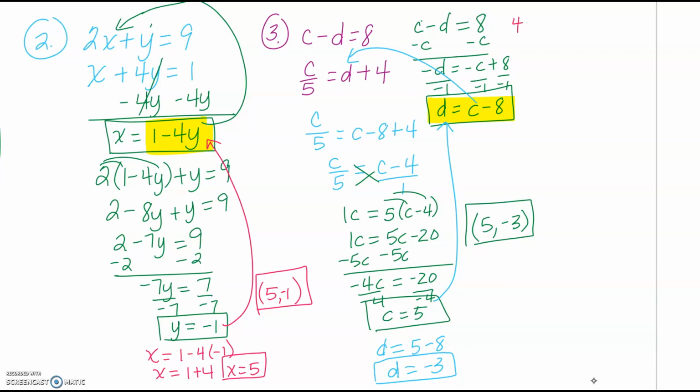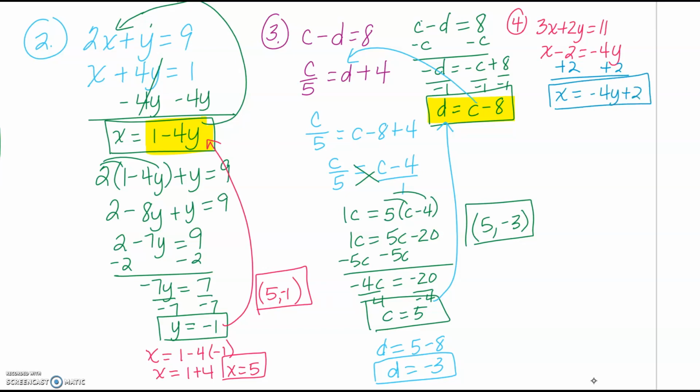Number 4. I have 3x minus 2y equals 11, and x minus 2 equals negative 4y. So if I'm looking at these two linear equations, I'm definitely going to solve the second one in terms of x. So I'm going to add 2 to the other side, and I'm going to say x equals negative 4y plus 2.